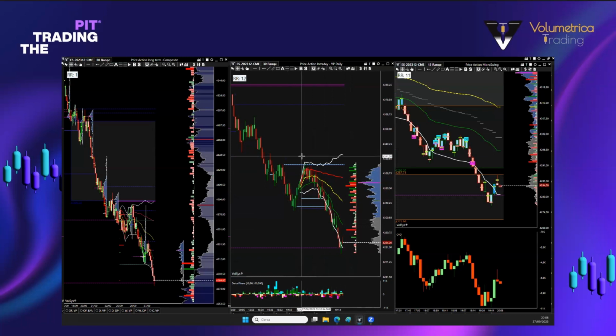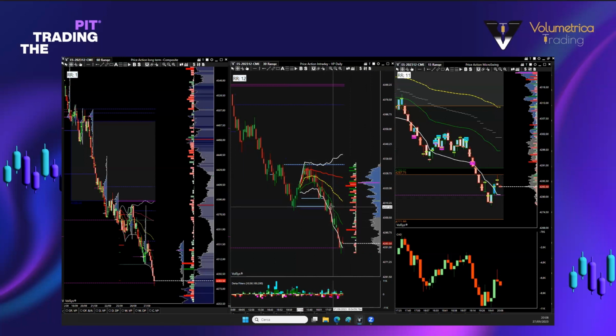Of course, the volume profile is showing a lot of acceptance at the very low of the day, at the very bottom range of the intraday range.